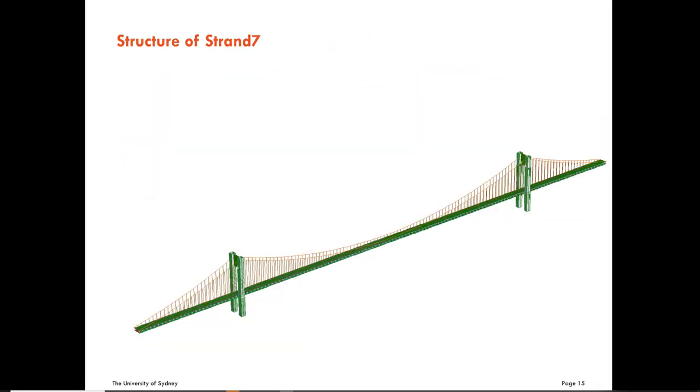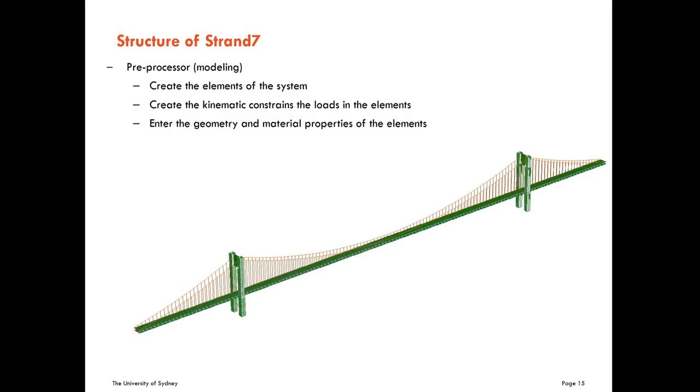So how are we going to model a structure like the Verrazzano Bridge in Strand7? First of all, you need to understand the structure of this computer software. It consists of three main parts. The first part is the preprocessor that allows you to build the finite element model.